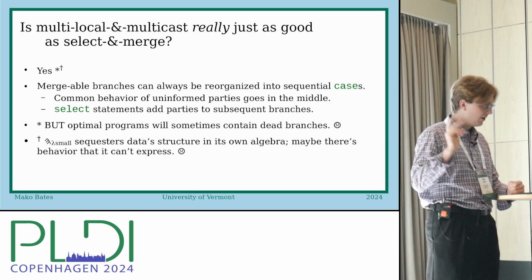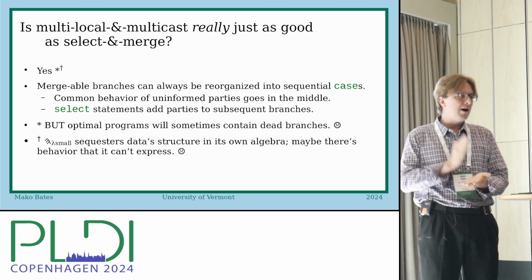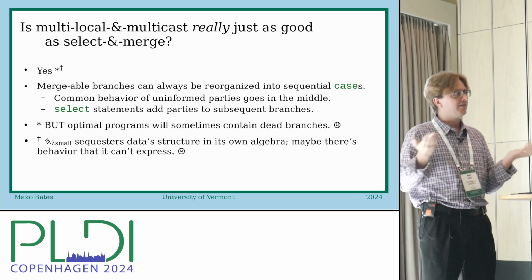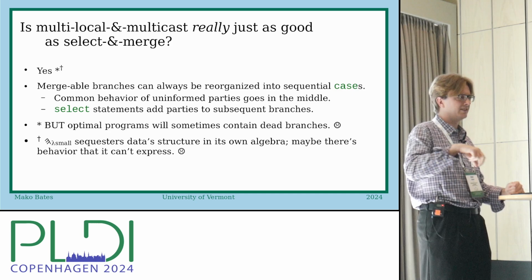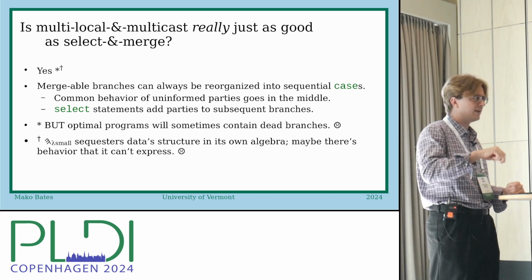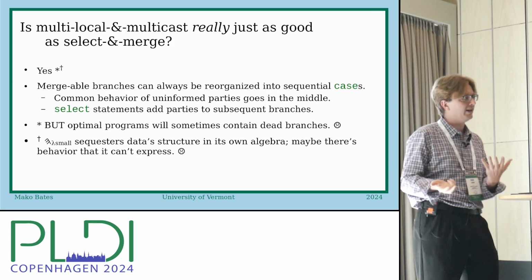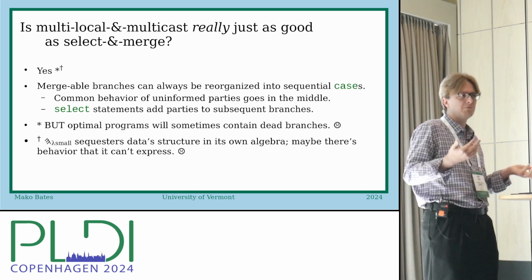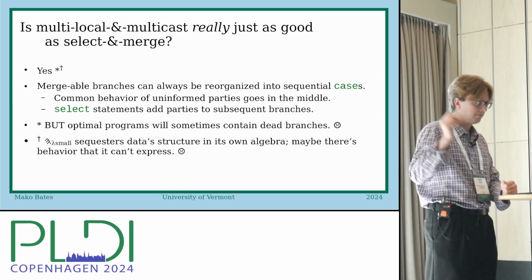But there will be cases where in order to write your program optimally in klsmall, you have to have dead branches. Also, klsmall represents data values in a sort of embedded mini language, which has its limitations. There are certain structures of data that it can't express, so presumably there are subsequent behaviors that it can't express. I don't have an example.